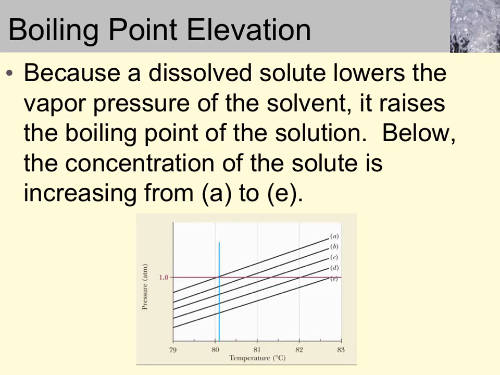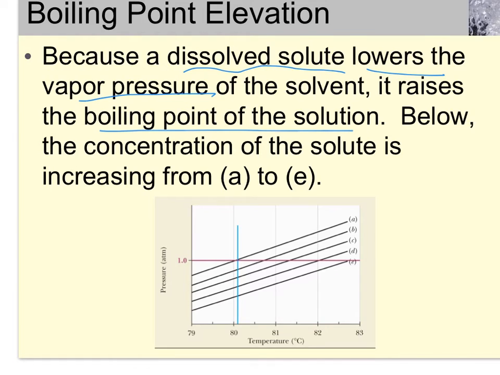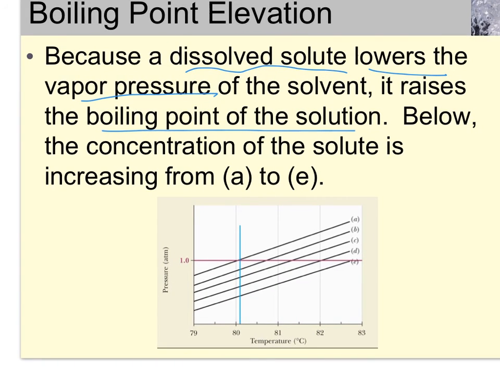So because of that relationship, as you dissolve a solute in a solvent, as we just said, the vapor pressure will go down, and therefore the boiling point will go up. Looking at this graph, here's atmospheric pressure, 1 atmosphere, and the solutions A, B, C, D, and E are increasing in solute.